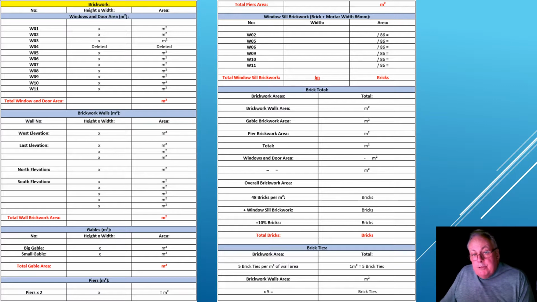In a rate of, generally we buy bricks in thousands, so much per 1,000, and we can work that out. We've also got the total amount of bricks down the bottom. We've got brick ties, and we can actually work out as a rough rule of thumb 5 brick ties per square meter, and that is basically where we are.